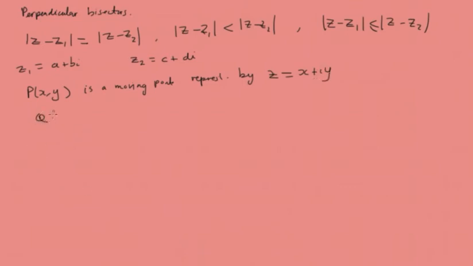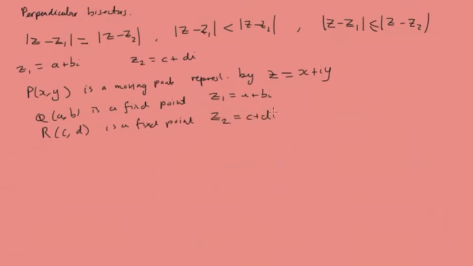And Q (a, b) is a fixed point, and that z1 = a + bi, and we'll have point R (c, d), which is a fixed point represented by z2 = c + di.